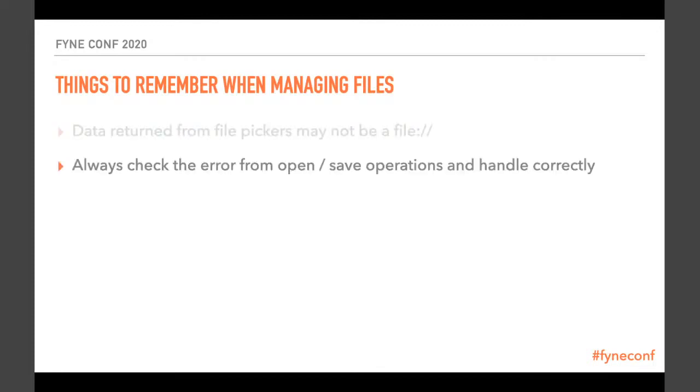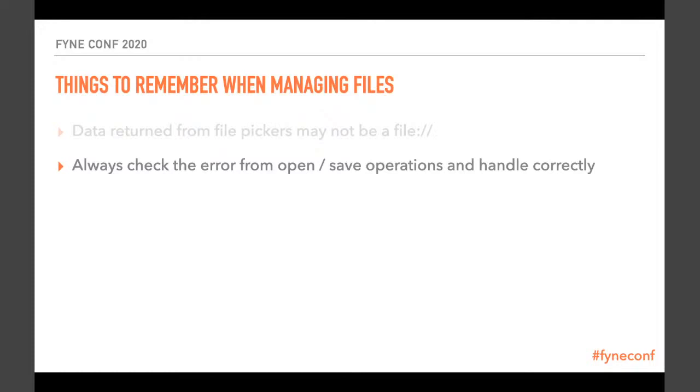Always check the errors. I am one of those people, as you might have seen in the live code, that just ignores an error if we're doing a demo or trying to put together an application quickly. That error is probably not going to happen, or it might not be a problem if it does. In these situations, you're probably following on from a user-initiated action. An error here probably shouldn't go unreported or unhandled.